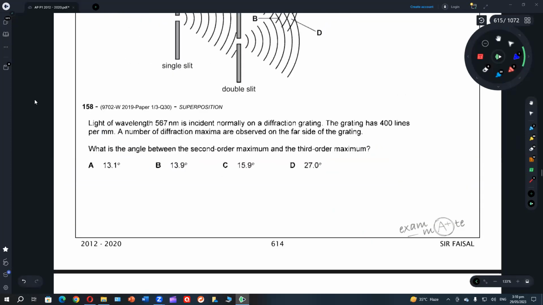light of wavelength 567 nanometer is incident normally on a diffraction grating. The grating has 400 lines per millimeter. So this is lambda. This is n per millimeter.